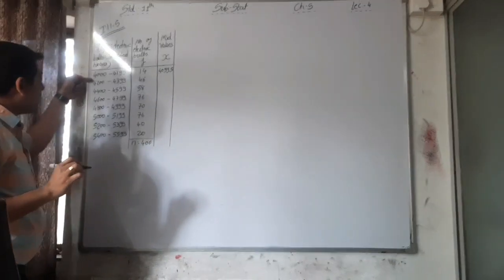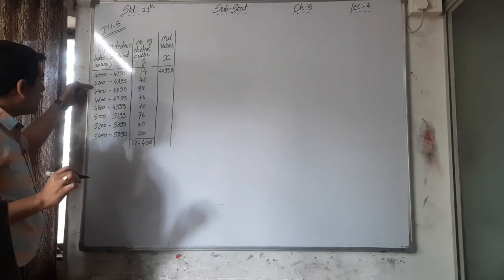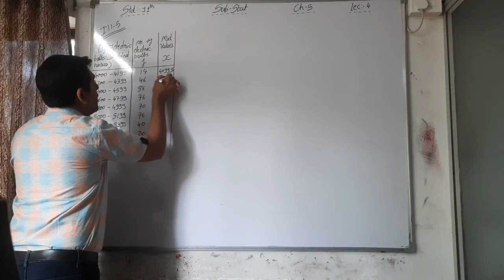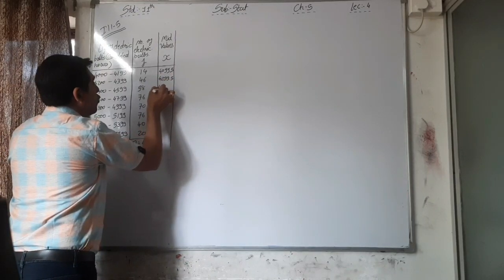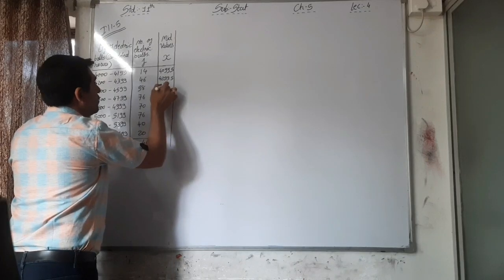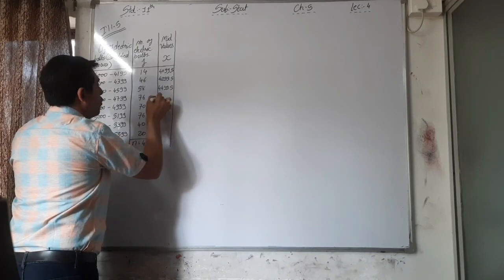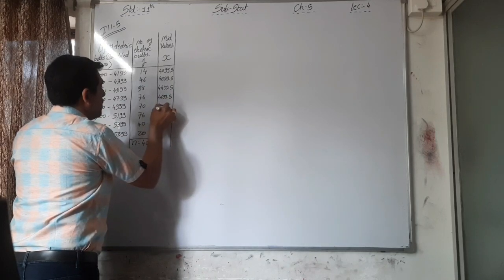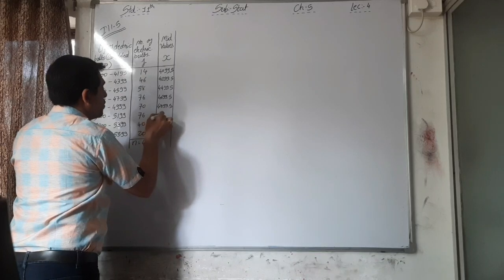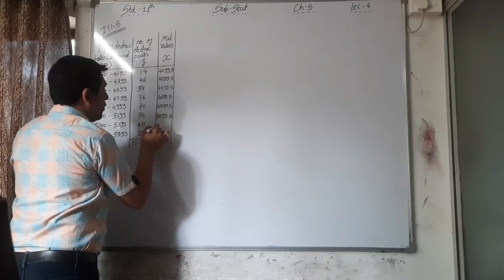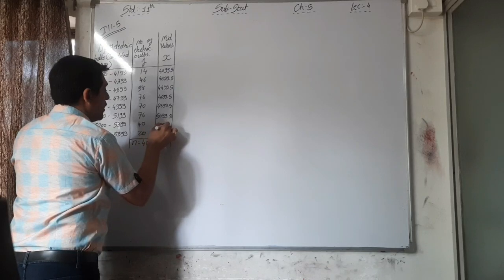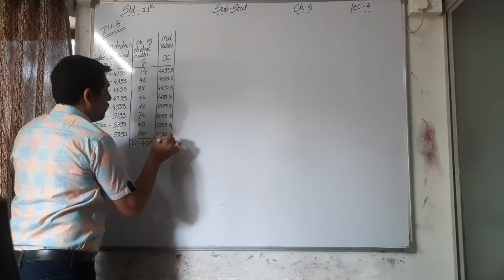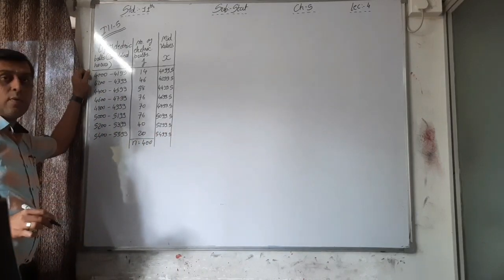And now the class length is equal, see here 200, 200, 200, 200. So just write down 4299.5, then 4499.5, then 4699.5, then 4899.5, then 5099.5, then 5299.5, and 5499.5 are your mid values.